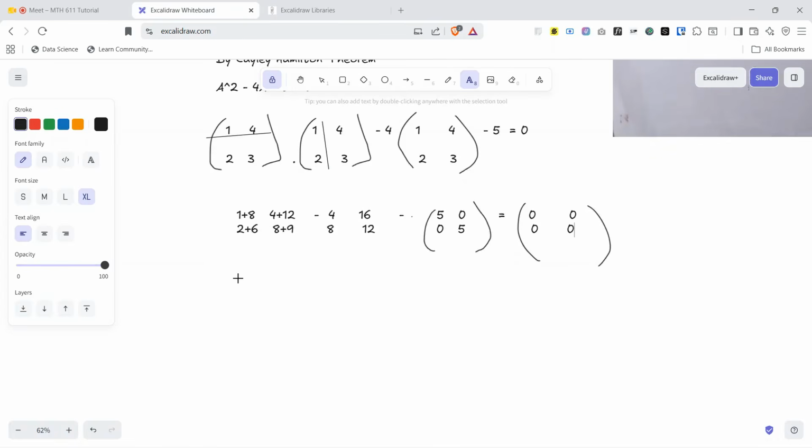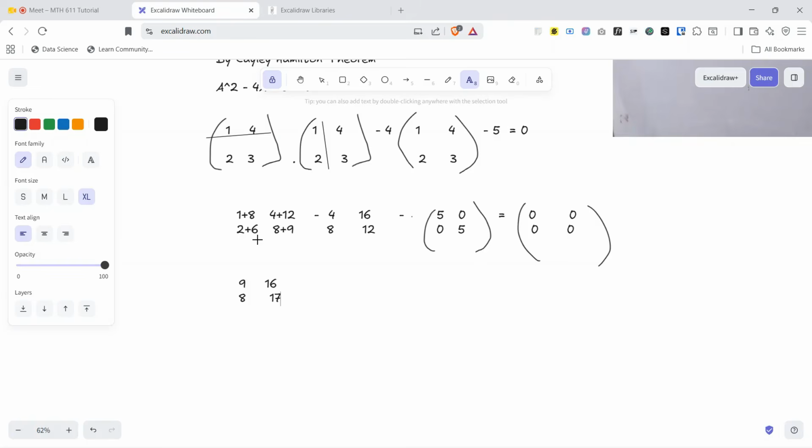Okay. So now what we will have here would now be 9, 4 plus 12 is 16, 2 plus 6 is 8, and this is 17, right?